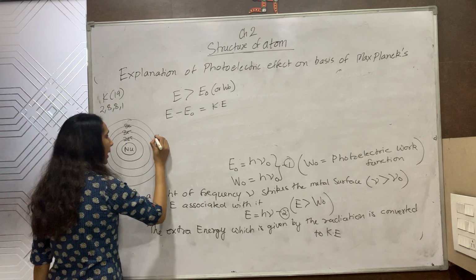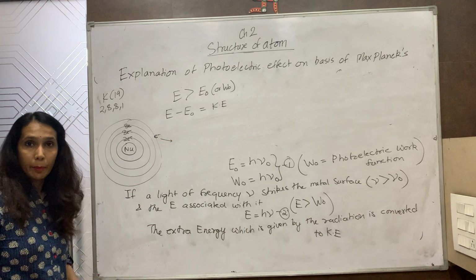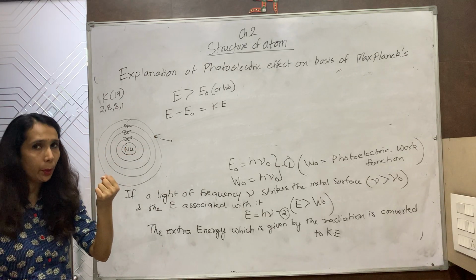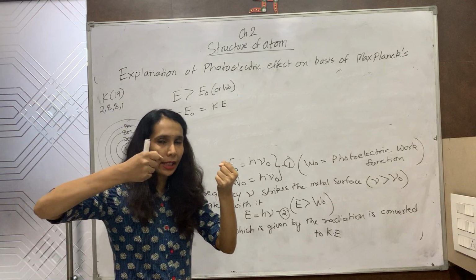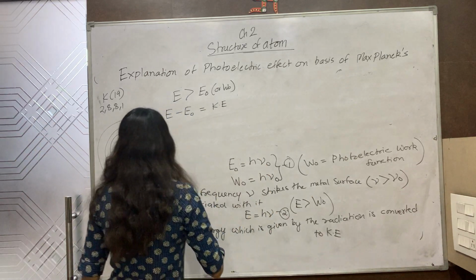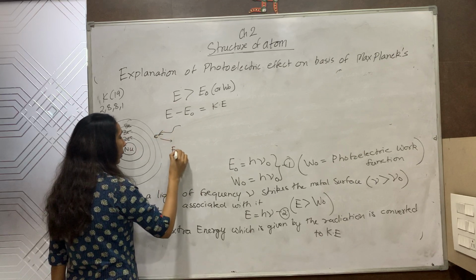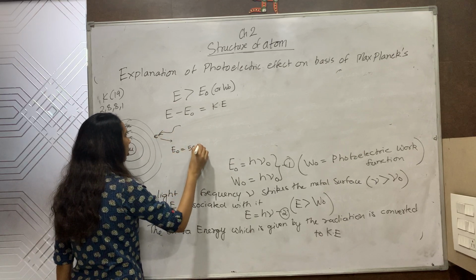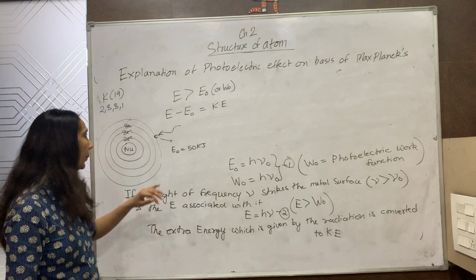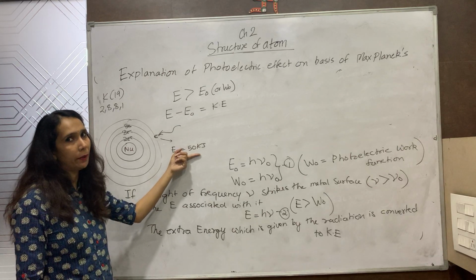Suppose to remove this electron, you require energy, because this electron is tightly held by the positively charged nucleus, and to remove this electron from it, you have to give energy. So suppose the minimum energy which is required to remove this electron is 50 kilojoules. Suppose, it is not that, but I am just supposing this value. I have to remove this electron, so I have to give minimum 50 kilojoules of energy.